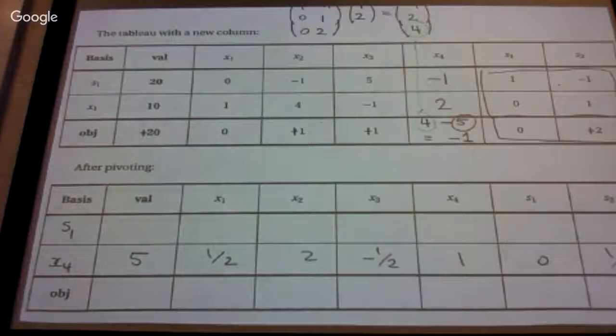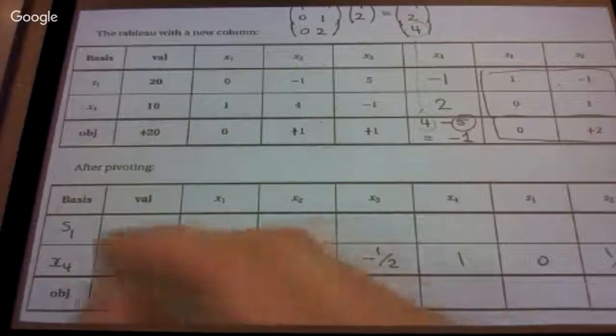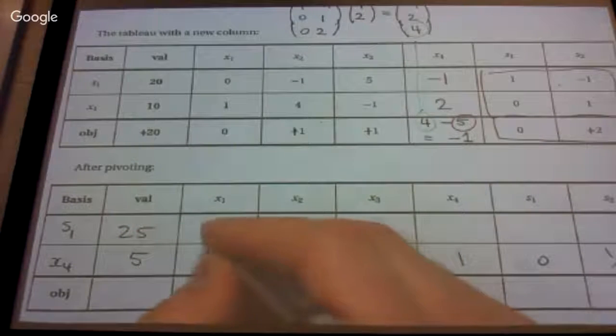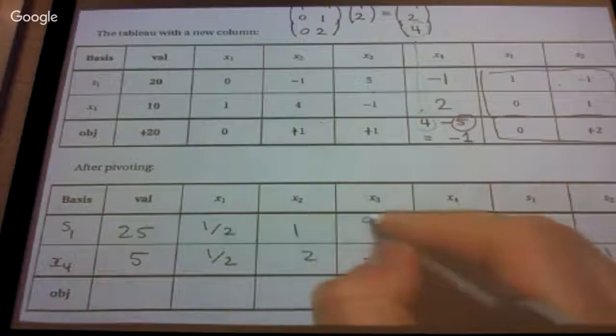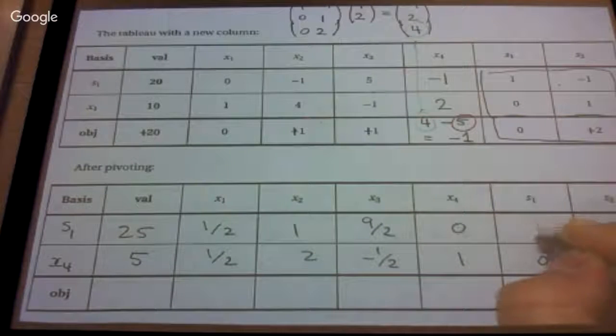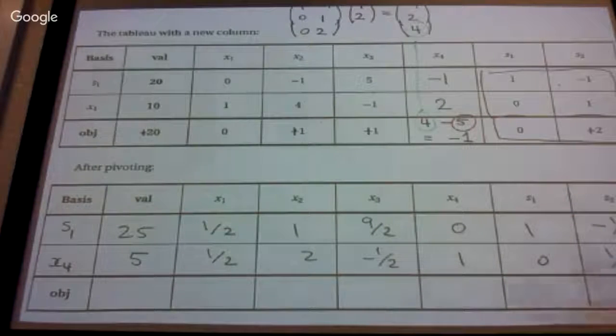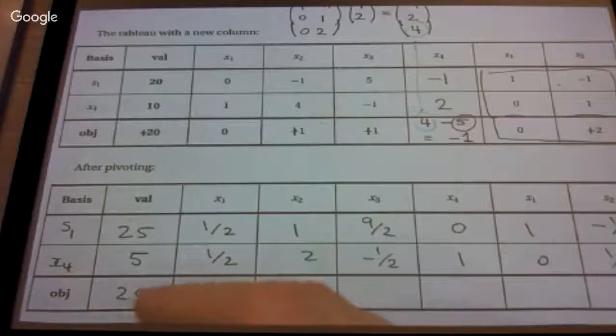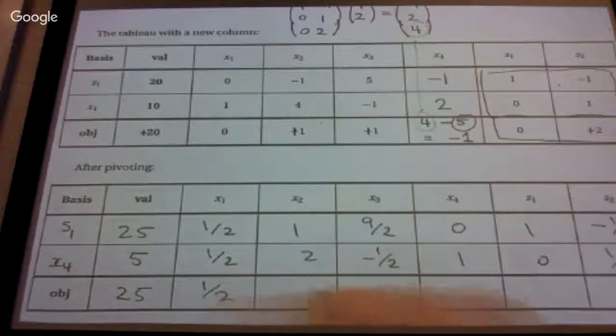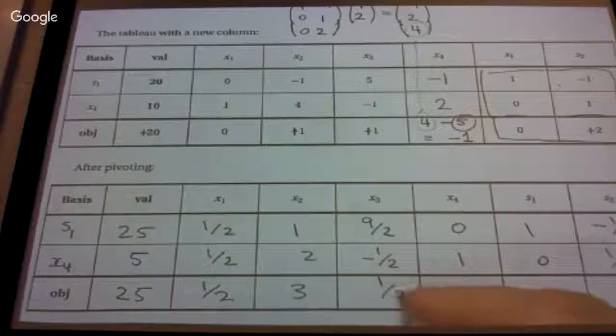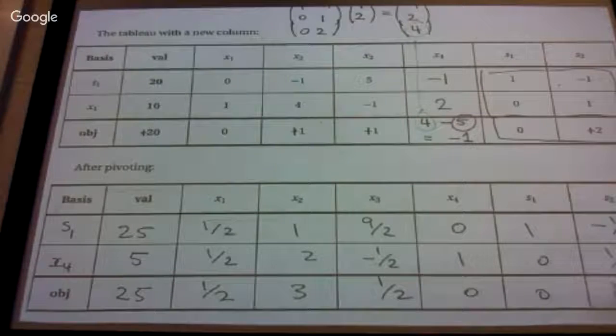And if you do the row reductions, you get 25, 1 half, 1, 9 over 2, 0, 1, minus 1 half. And the objective row is now 25, 1 half, 3, 1 half, 0, 0, 5 over 2.